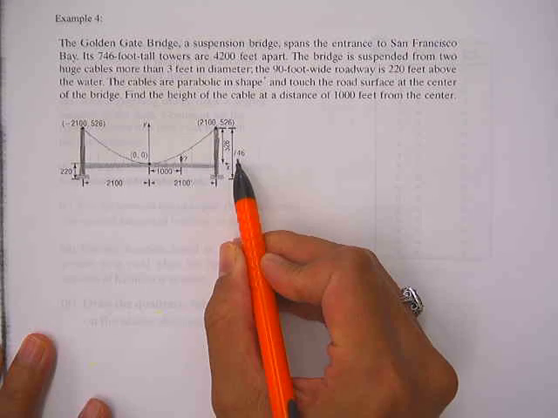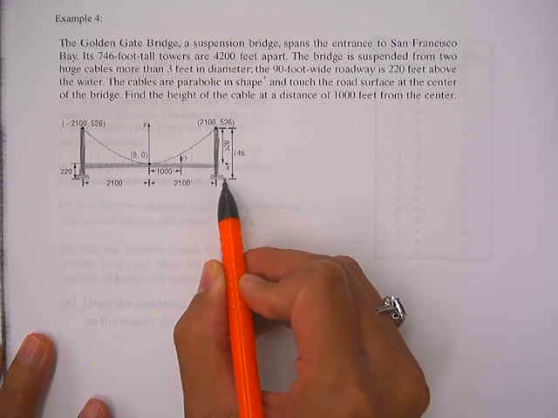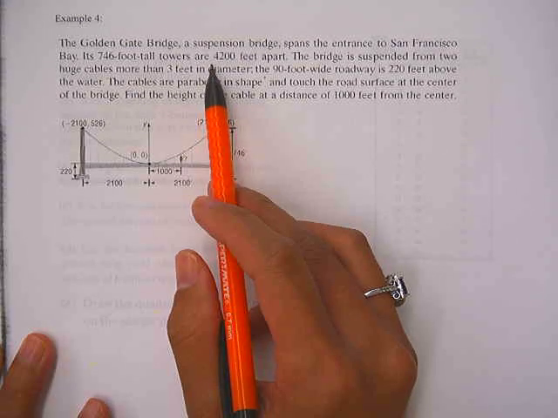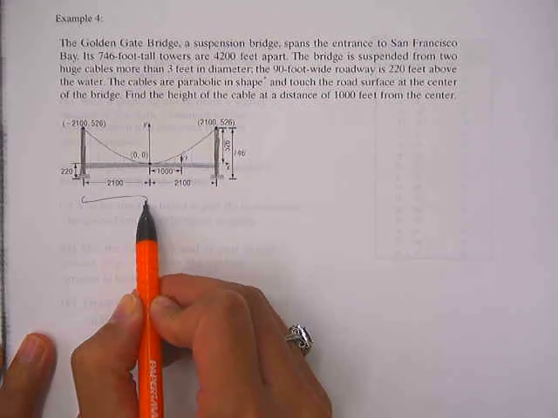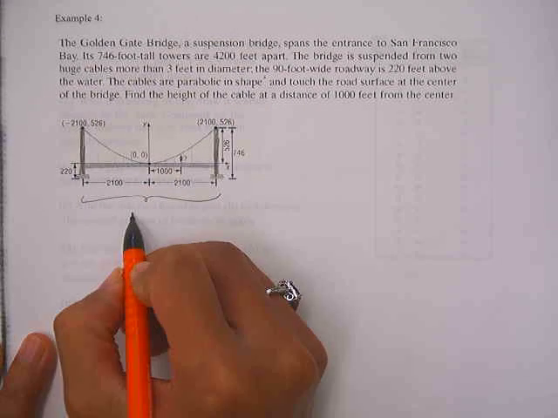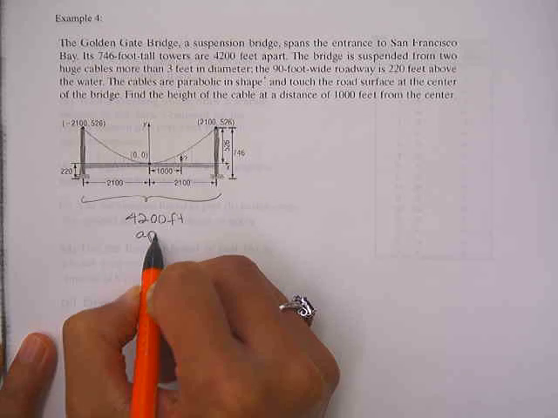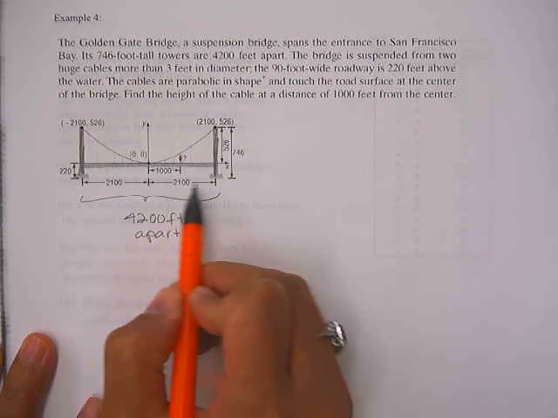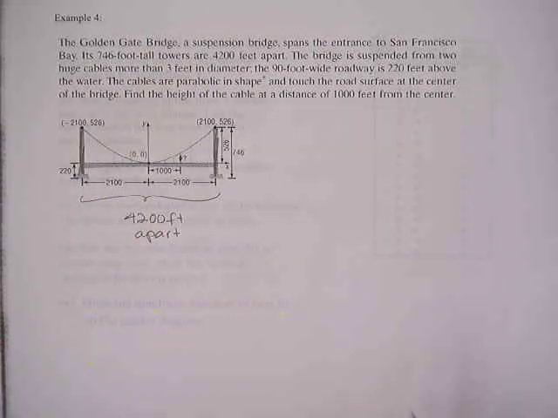Each is 746 feet tall, measured from the water. And they are 4,200 feet apart. So this entire distance between the two towers is 4,200 feet. That means half of it would be 2,100 feet, and the other half would also be 2,100 feet.